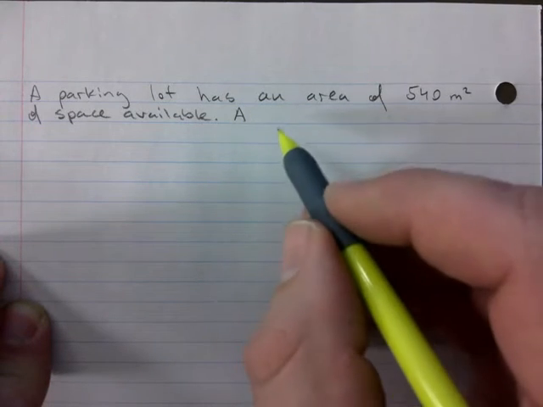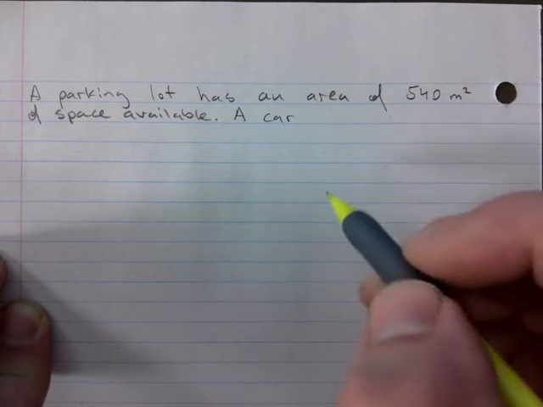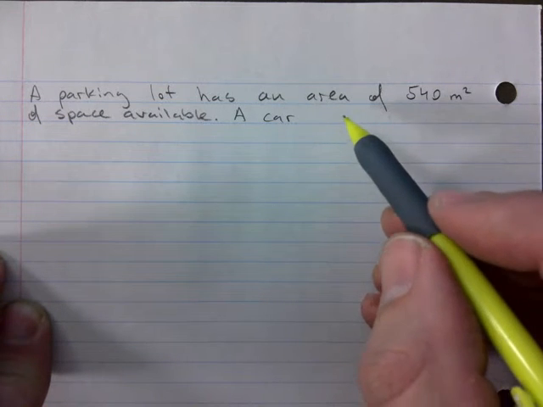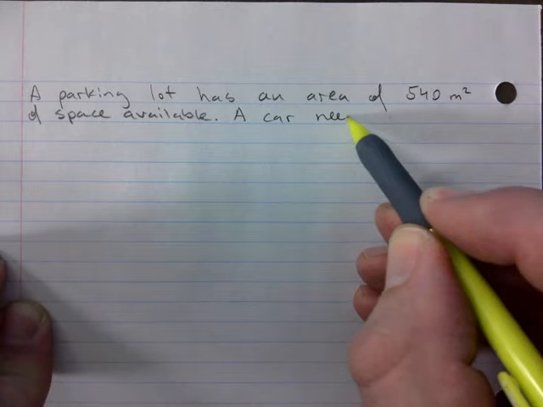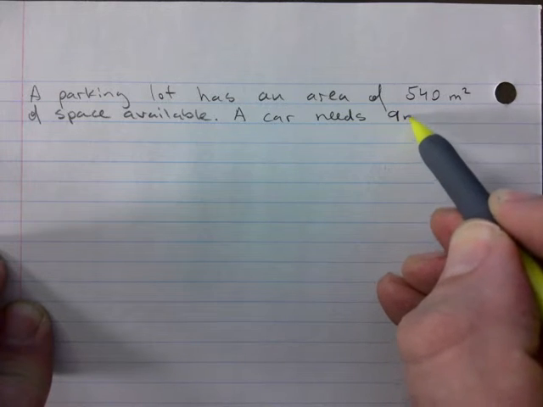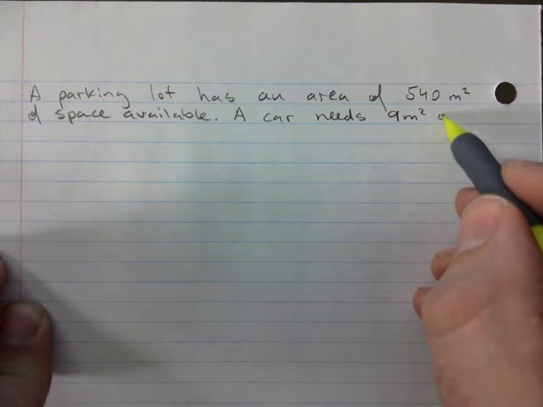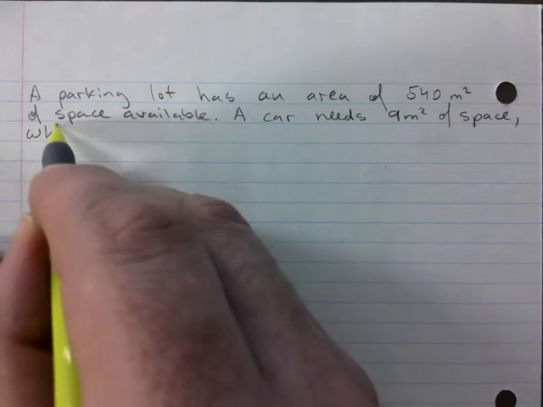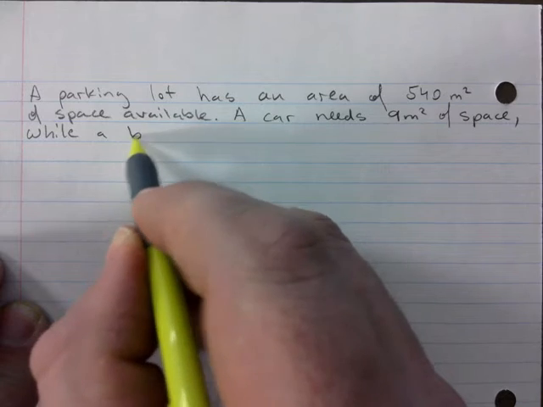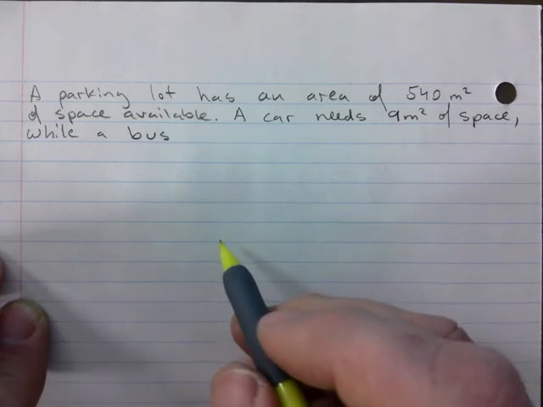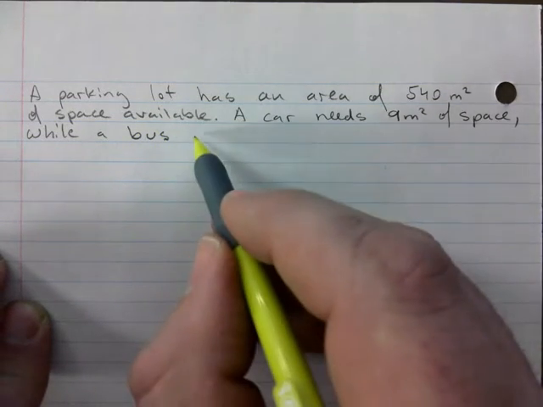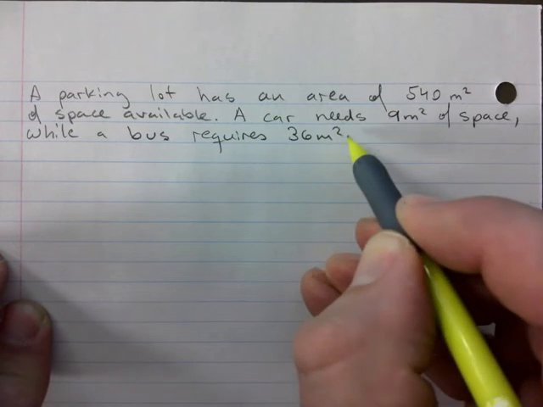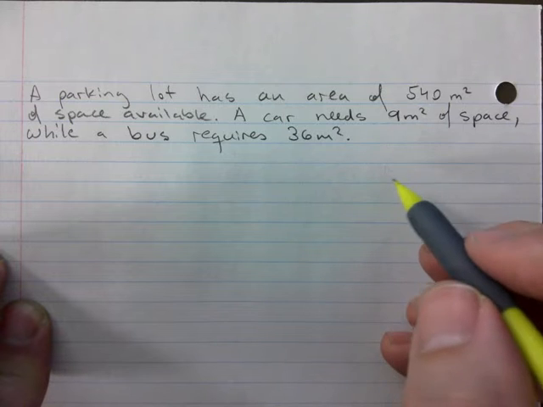A car needs 9 square meters of space, while a bus requires 36 meters squared. Okay.